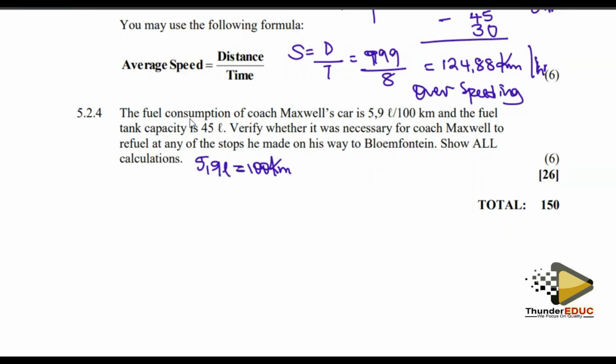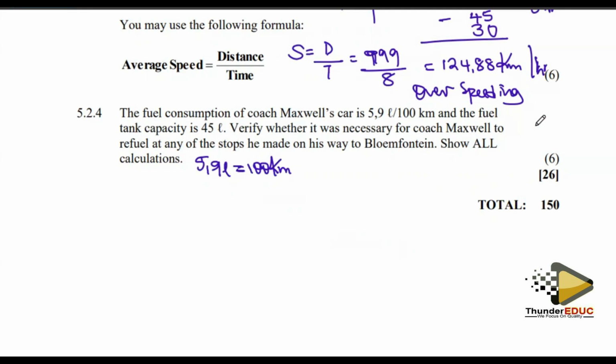And the fuel capacity is 45 liters. All right, so here they're saying verify whether it was necessary for Coach Maxwell to refill at any of the stops made on this way.